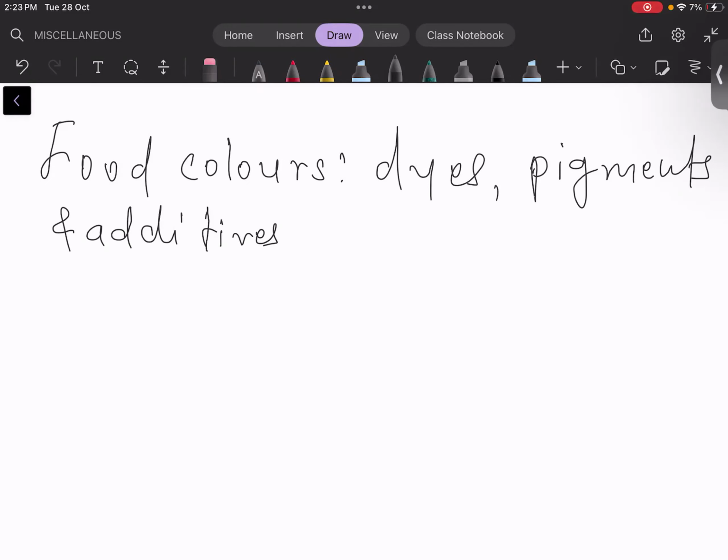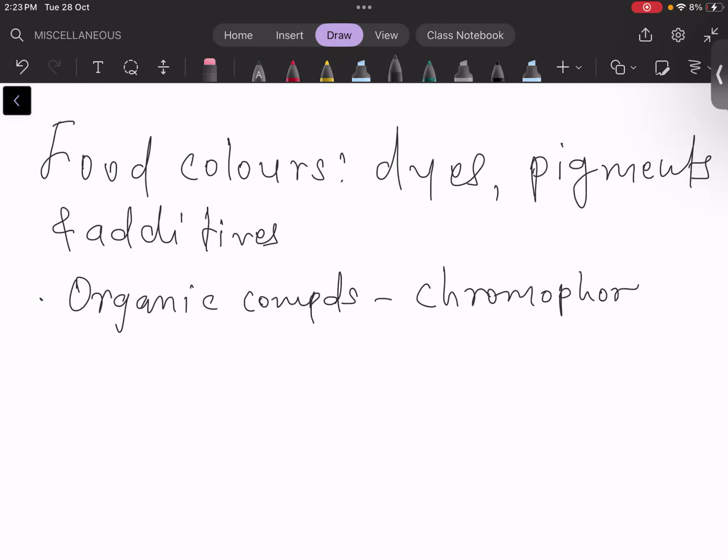Organic compounds have chromophores and a conjugated system, and they are responsible for producing color. Chroma means color.